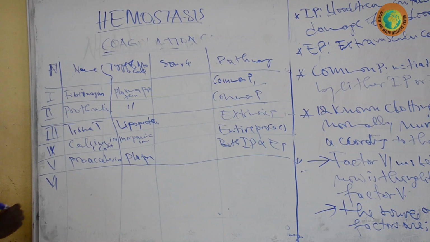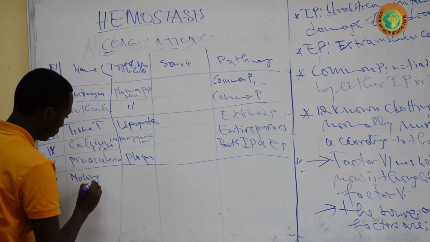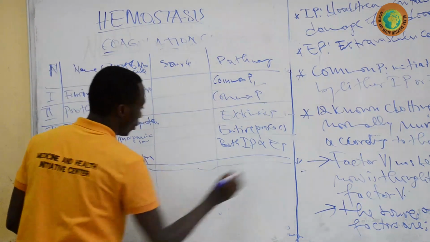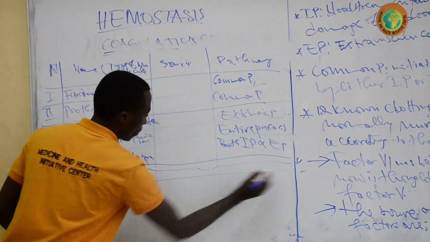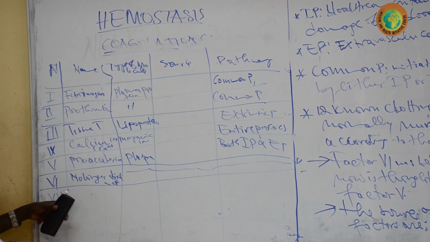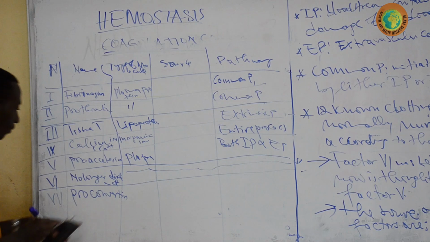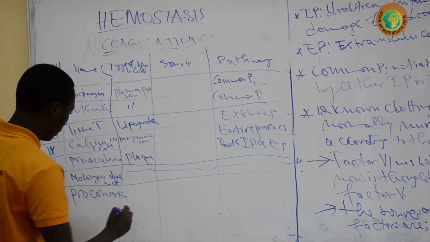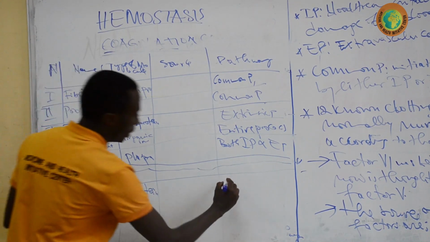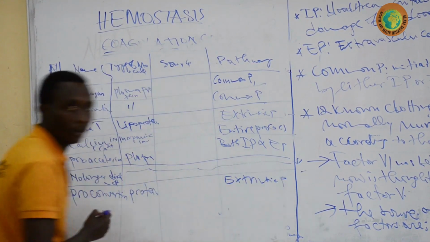Factor 6 is no longer distinct. Now factor 7, it is by the name of proconvertin. It is a protein, and it is functional in the extrinsic pathway.